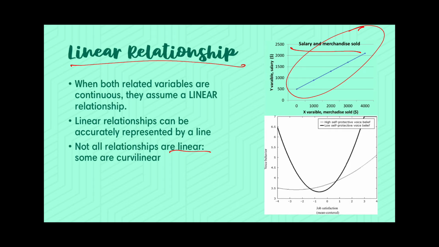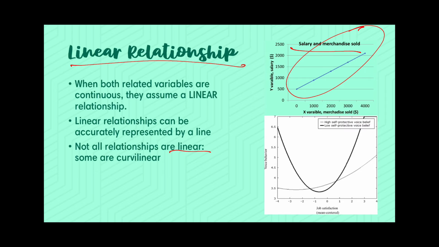Or for example, the more positively you evaluate your relationships with the family, the higher your social well-being. That's another example of a linear relationship. The higher you rate your family relationship, the higher your appraisal of your social well-being.